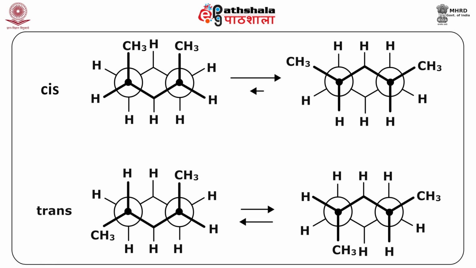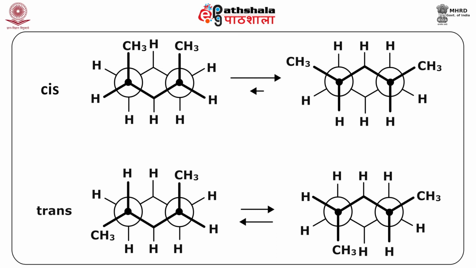Because this is 1 and 3, axial and axial will become cis, whereas axial and equatorial will become trans. So, in this case, the cis isomer has both the methyl groups either on the axial position, that is AA isomer, or both on the equatorial position, that is EE isomer.